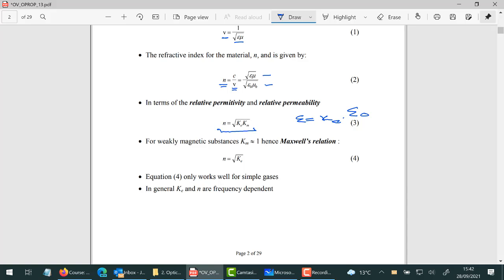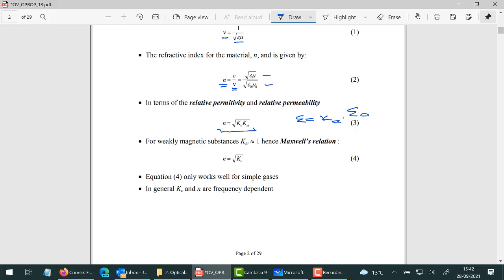We've also seen from Maxwell's equations that we can pretty much ignore the magnetic properties of optical materials. That's not going to be true when we come to magnetic materials, obviously, metals.